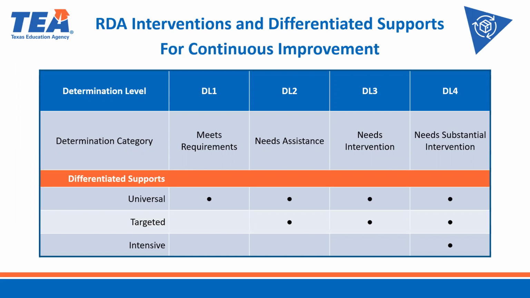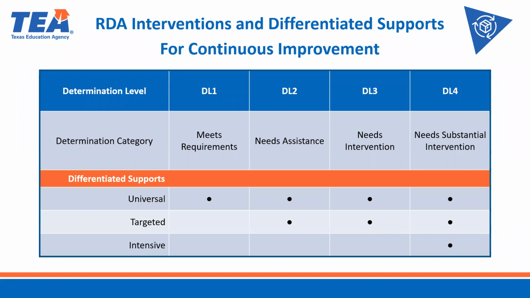LEAs may access universal, targeted, or intensive supports based on the determined performance level. To achieve continuous improvement goals, the DMS system relies on a results-driven approach to identify the types of support required for each LEA.